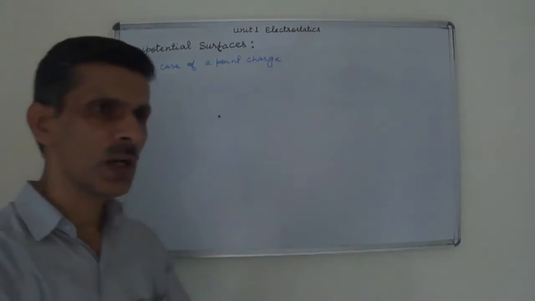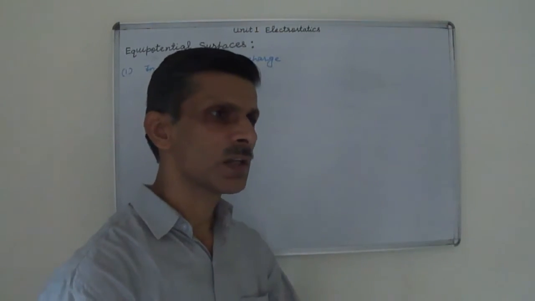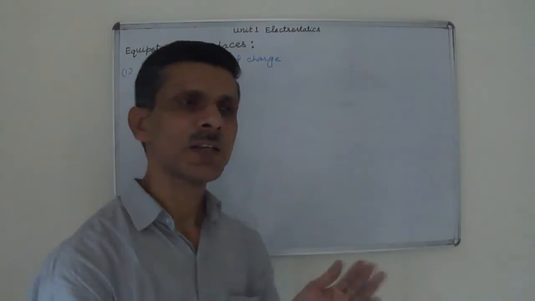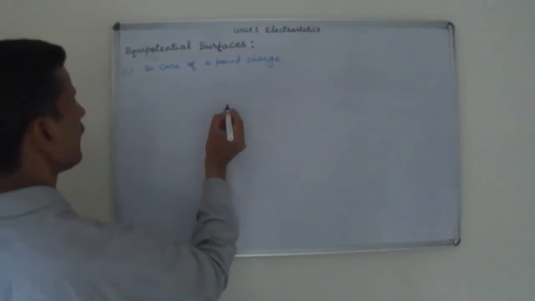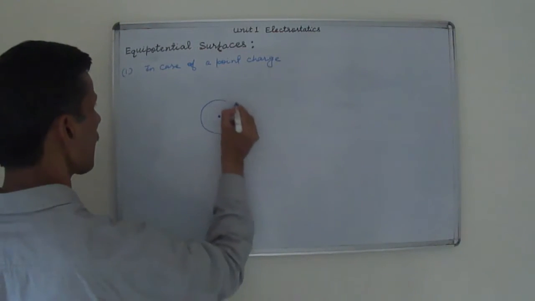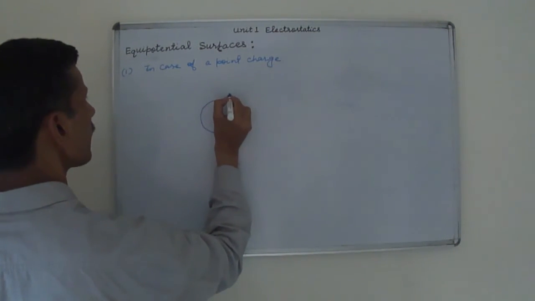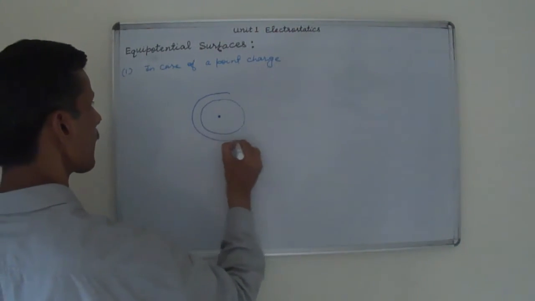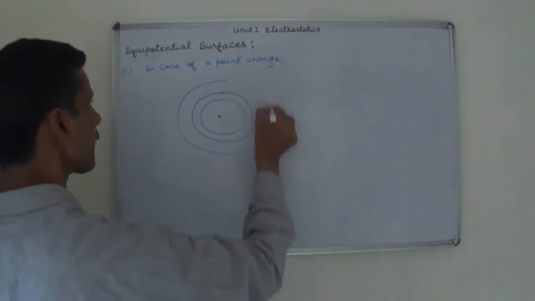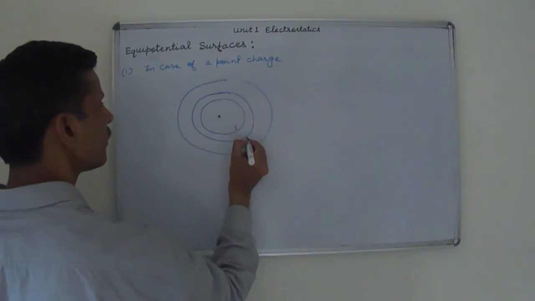Because of symmetry, equipotential surfaces in this case are concentric spherical surfaces, like this. This is surface number 1. So surface 1, 2, 3.